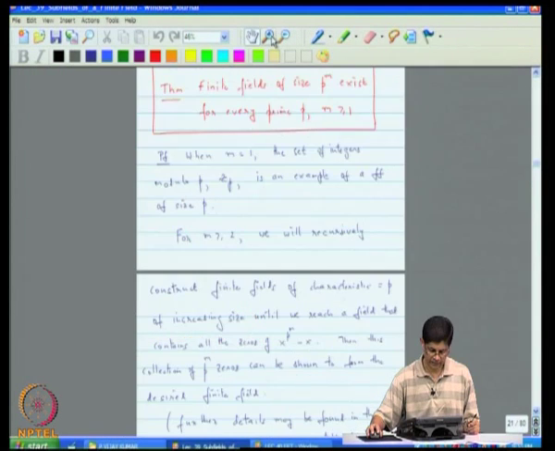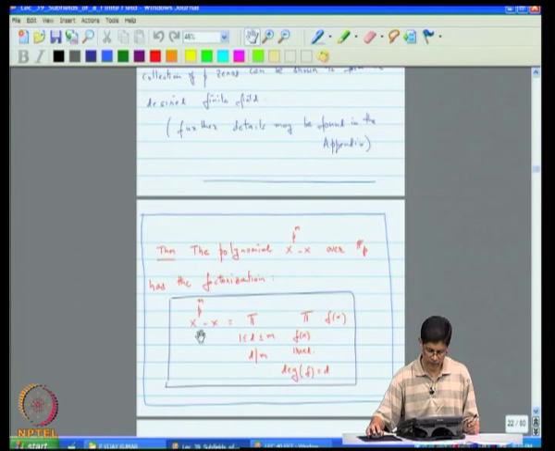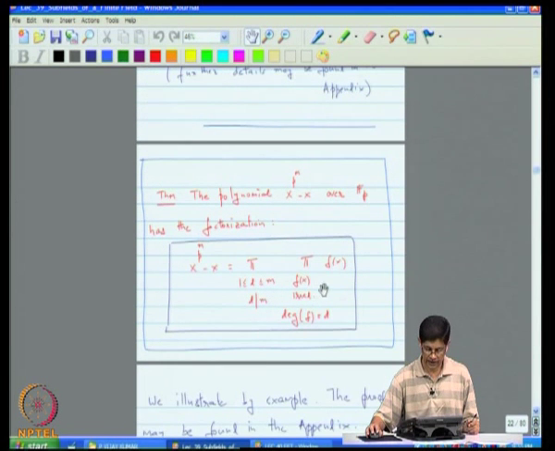Then I actually stated a useful theorem which says that if you are looking at a particular finite field, then the polynomial x to the p to the m minus x factors into the product of irreducible polynomials whose degree divides m.